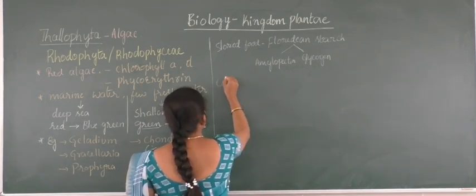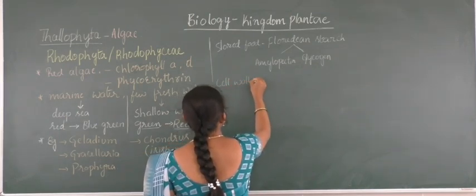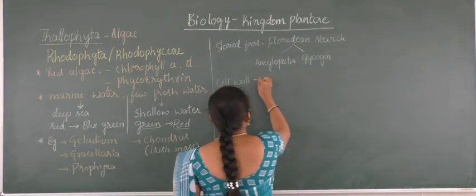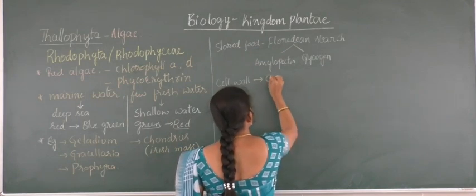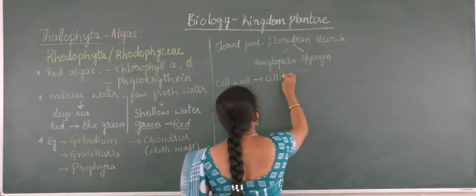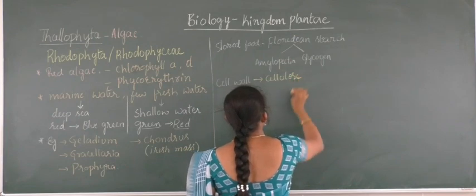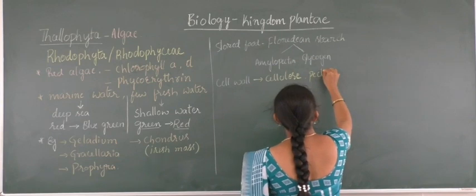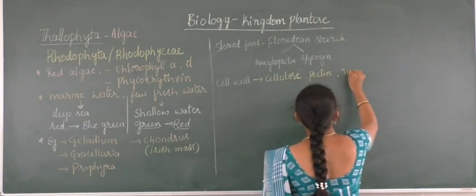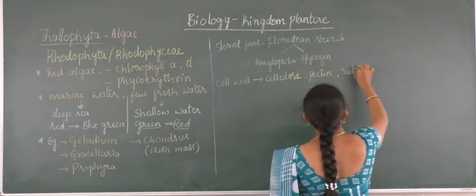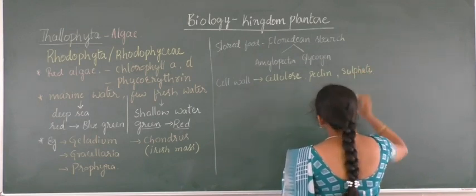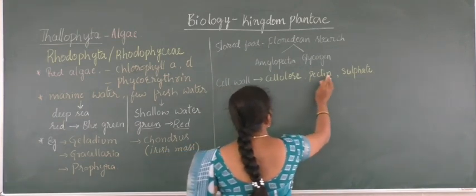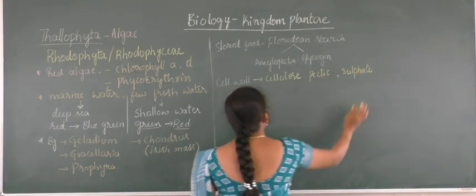When we come to the cell wall, as it is a plant cell, they possess an outermost layer called the cell wall, predominantly made up of cellulose. Along with cellulose, they also possess pectin and sulfate. These are the cell wall components in Rhodophyceae.